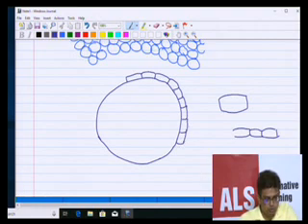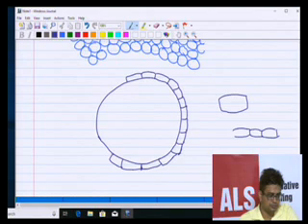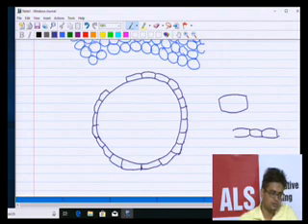There is going to be a huge layer like a ring, a giant ring. So this is the endodermis layer.